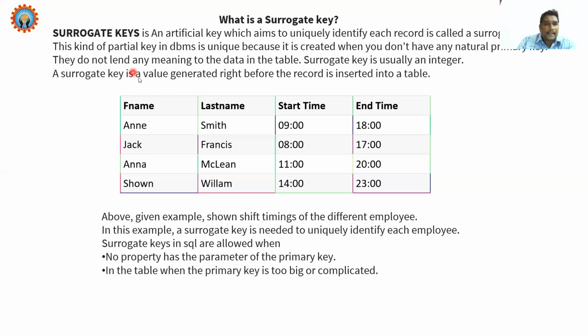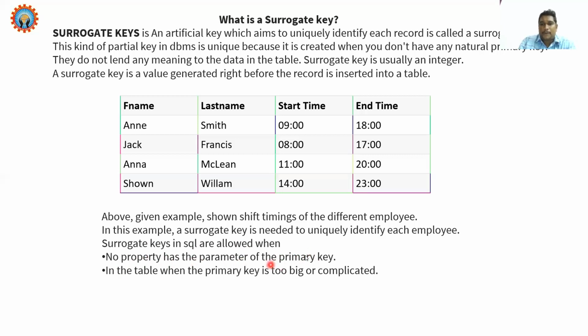Okay, a surrogate key is a value generated right before the record is inserted into the table. For example, see the shifting times of different employees. This is the relation of shifting times of different employees. In this example, a surrogate key is needed to uniquely identify each employee. Surrogate keys in SQL are allowed when no property has the parameter of a primary key.